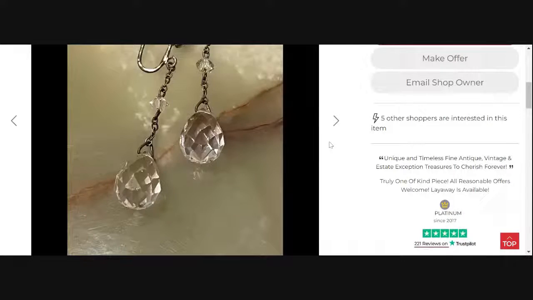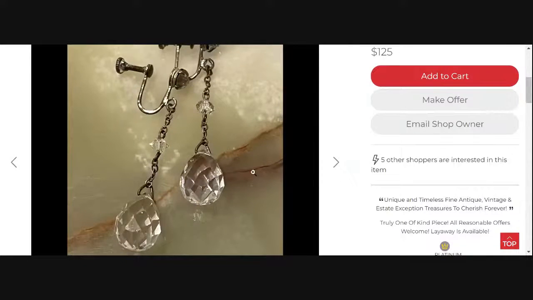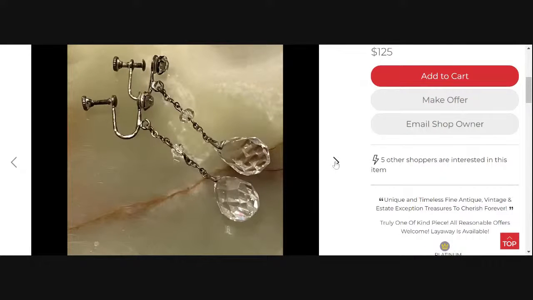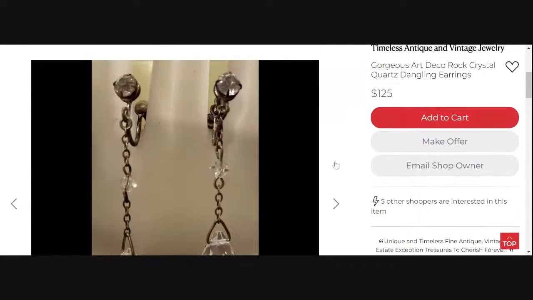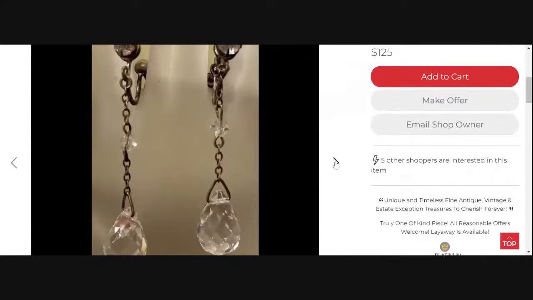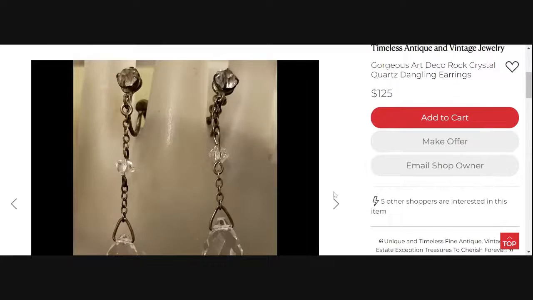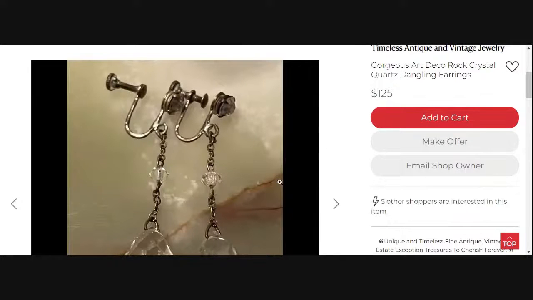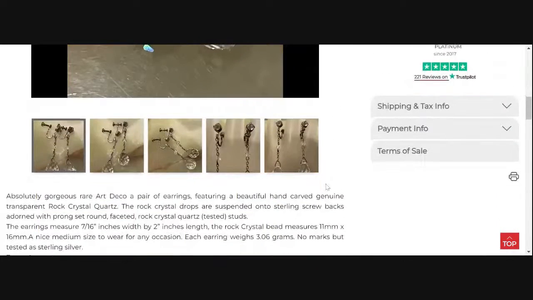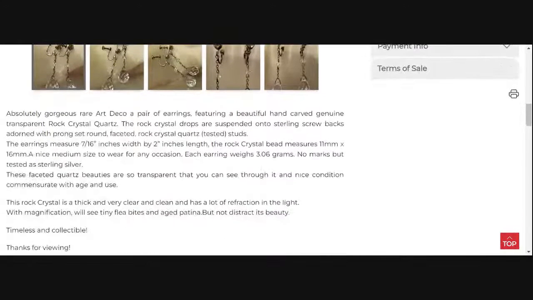Let's keep looking at the photos. Again, nice facets on this. There's a good photo of it as well from the side. I want to see the back to see if there is anything that says sterling on the findings so that we know what the material is. And I'm not seeing that. Let's read on.